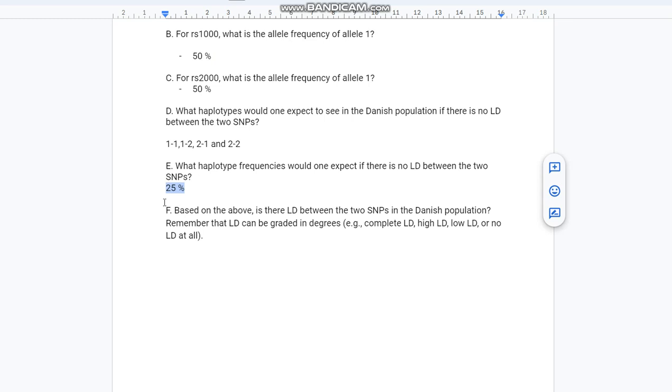Now they ask you, based on the above, is there linkage disequilibrium between the two SNPs in the Danish population?